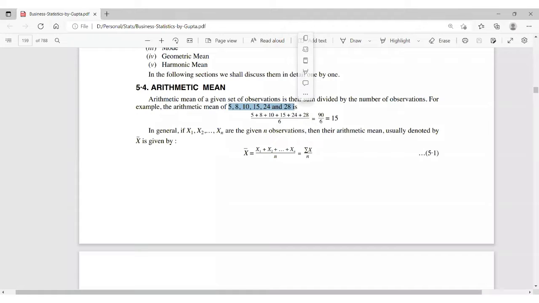Sonu got 5 marks, Monu got 8 marks, Rohan got 10 marks, Sohan got 15 marks, Sahil got 24, Arif 28. So that means individual names, all these individuals got these marks. That's why we call this an individual series. Got it? Yes, sir, very clear.